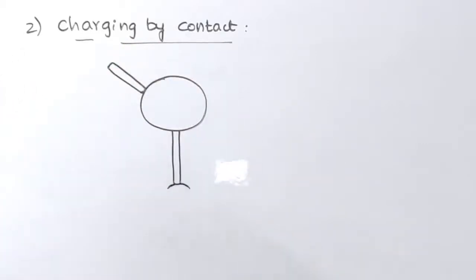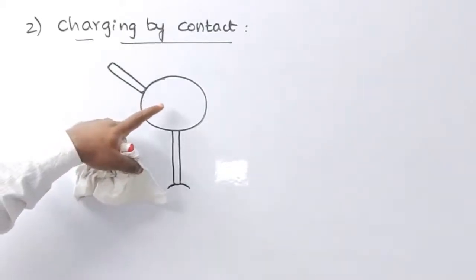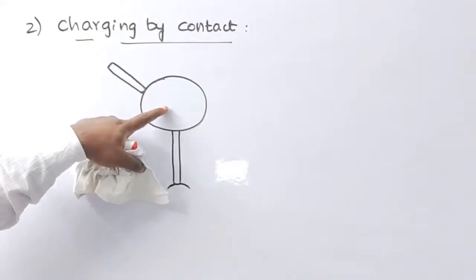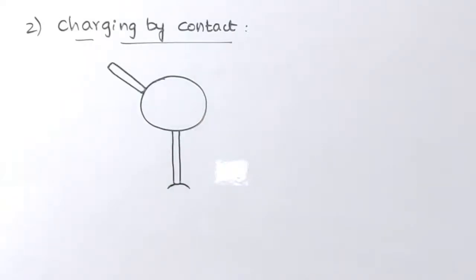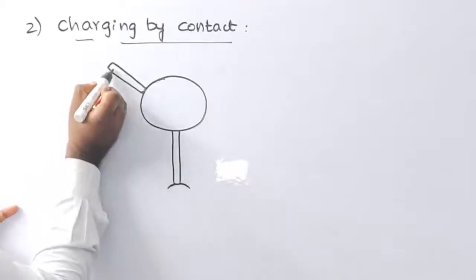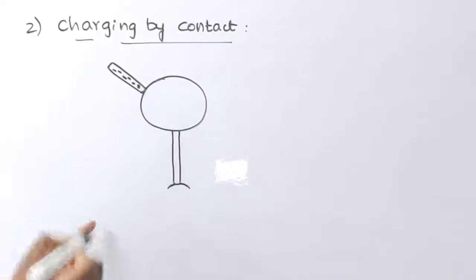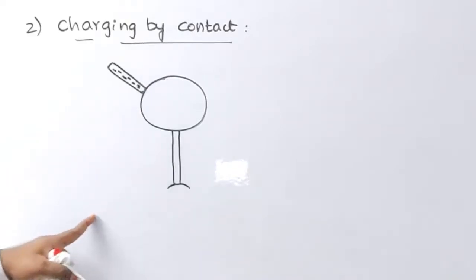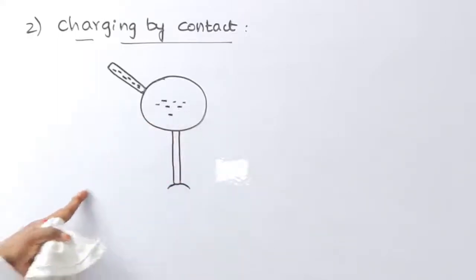When a negative charged ebonite rod is rubbed on a metal object such as the sphere, some of the excess electrons from the rod are transferred to the sphere, like in this one.